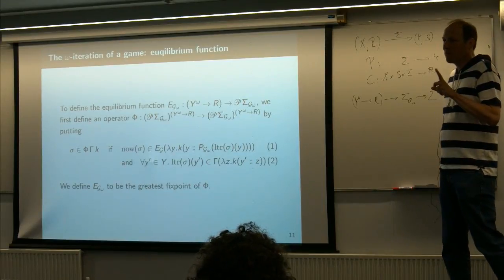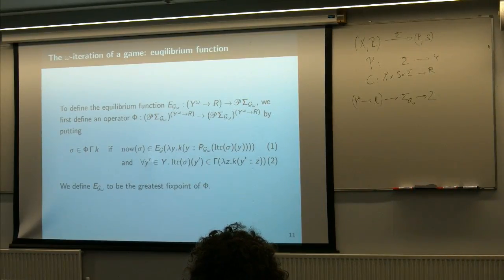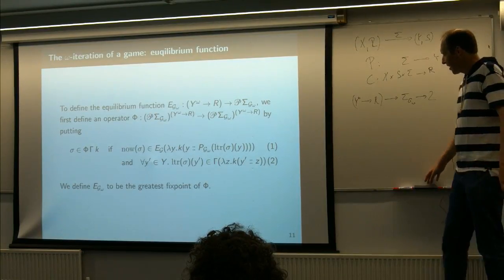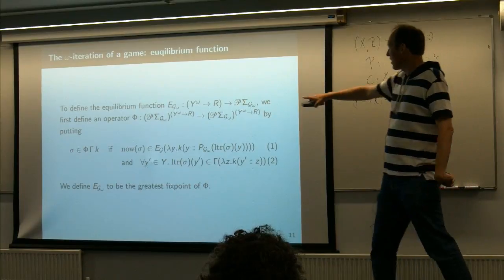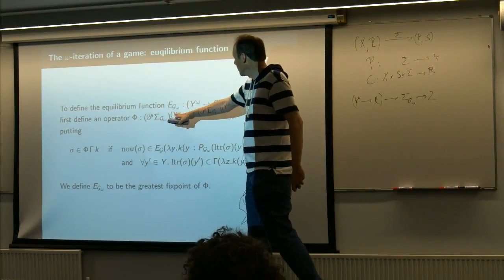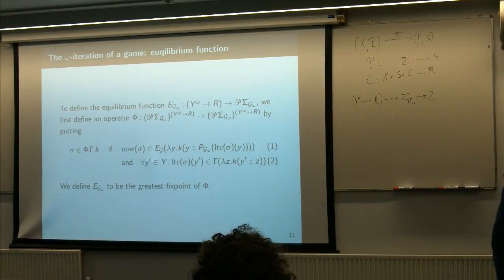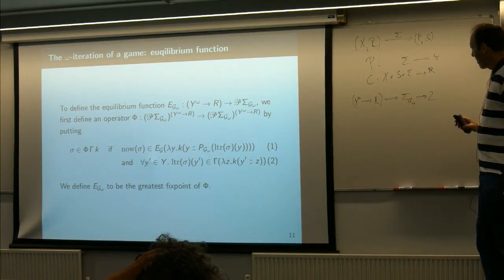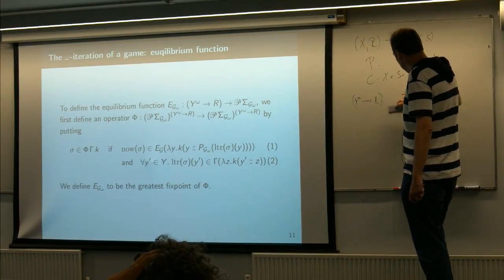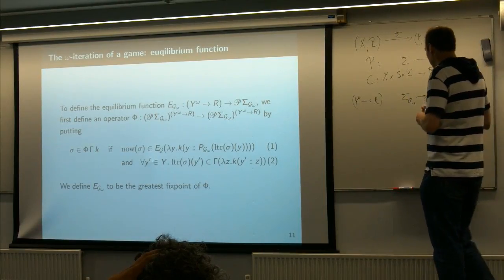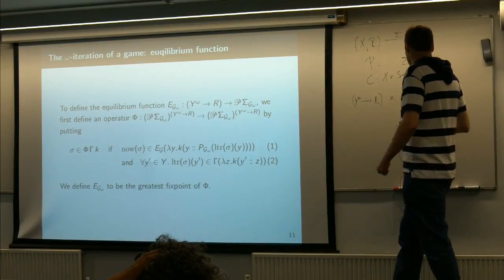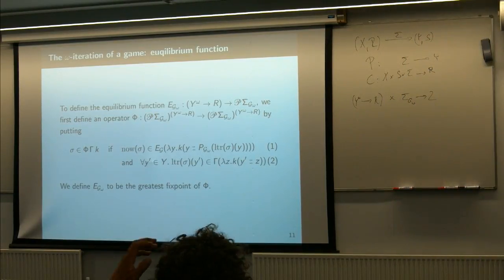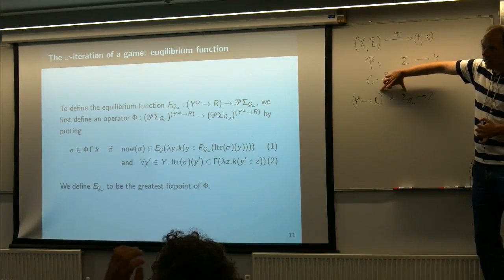Let me make one remark which is underlying all my confusion at the moment. What we're doing here is taking this monotone operator on index predicates. An index predicate looks like this. But now we do the magic of currying, which gives us something of this type, which means this is just a predicate over pairs of this kind.